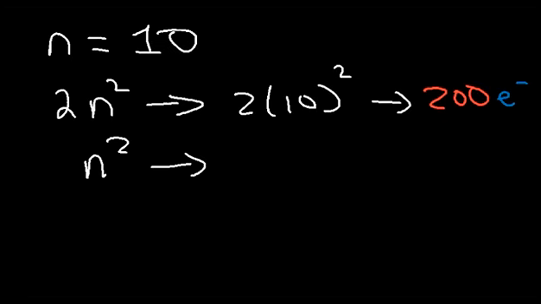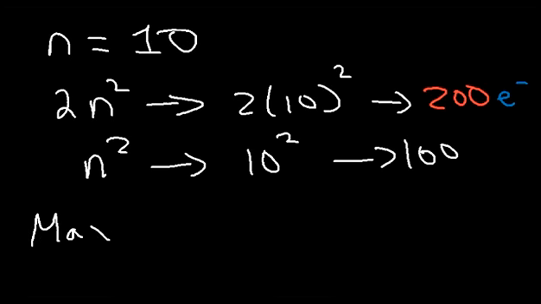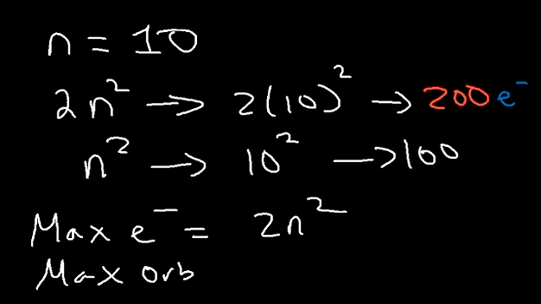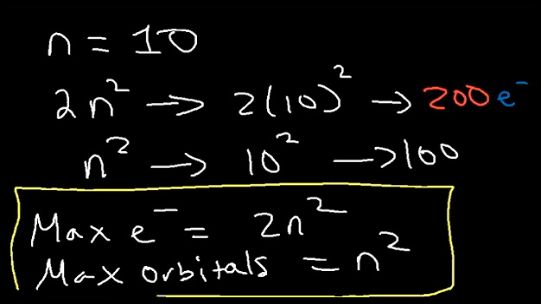Remember, every orbital can hold 2 electrons, so if there's 200 electrons, you have a maximum of 100 orbitals. So it's simply 10 squared, which will give you 100 orbitals. So the max number of electrons is equal to 2n squared, and the max number of orbitals in an energy level is simply equal to n squared. So make sure you add these equations to your list, in addition to the other equations already mentioned.